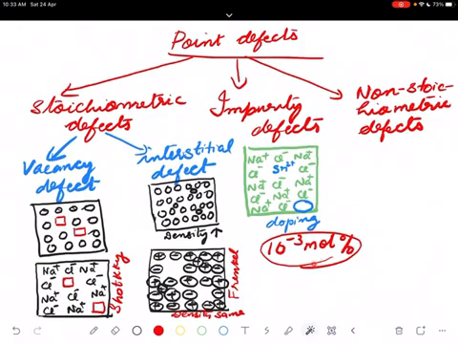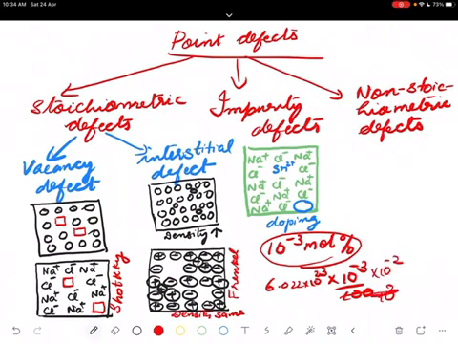So 10 to the power minus 3 mole percent means these many Sr2+ you have added. That is 1 mole, 10 to the power minus 3 percent. 1 mole means 6.022 into 10 to the power 23. It's 10 to the power minus 3 percent, that means 10 to the power minus 2 fraction.